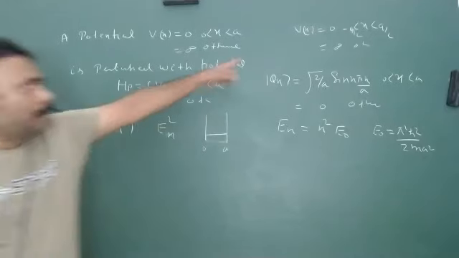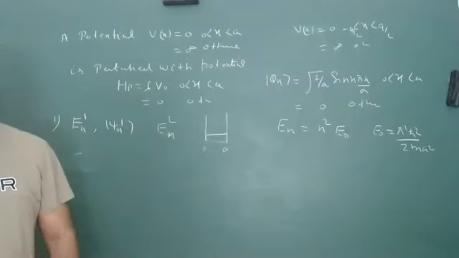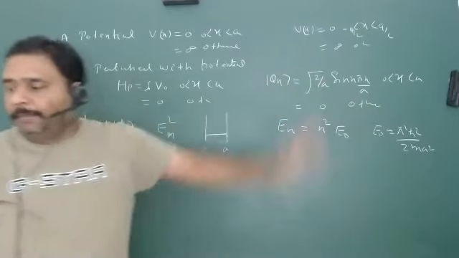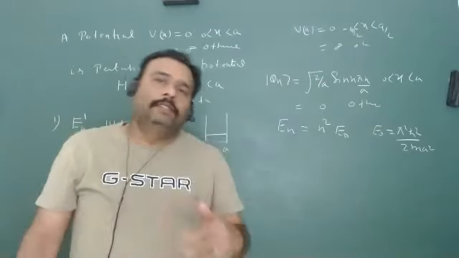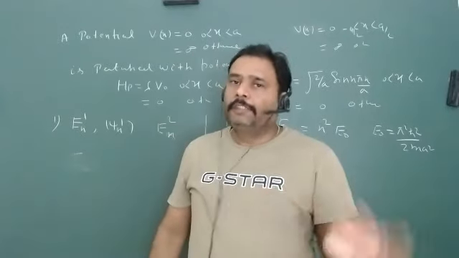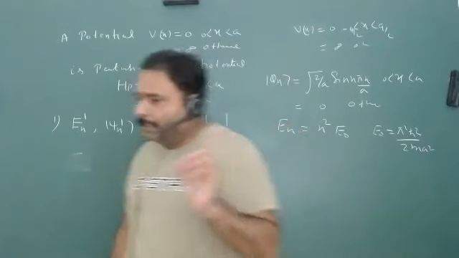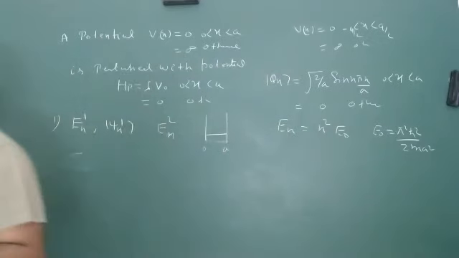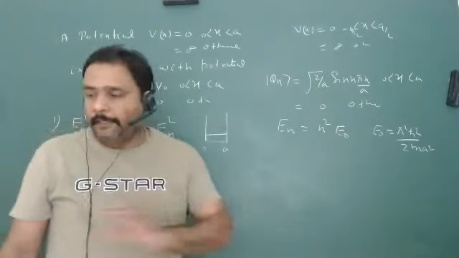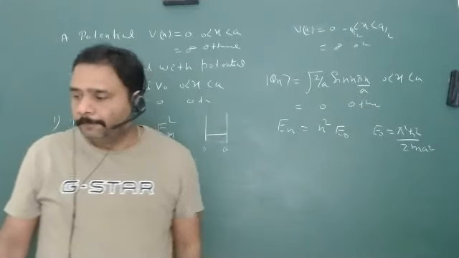This is also a particle in a box. Then you have phi_n equal to cos and sine. Remember, for n equal to 1, 3, 5, you have the cos function, and for n equal to 2, 4, 6, you have the sine function. Remember, we have done this. So don't forget all the theory we have discussed. You have to revise this.